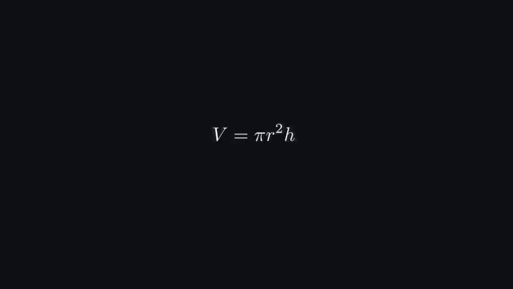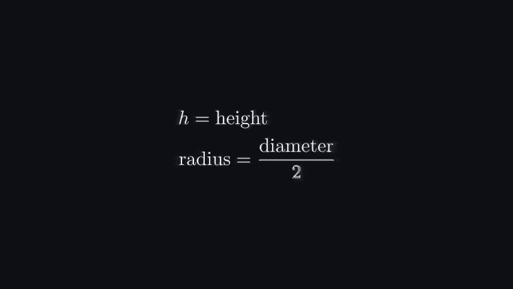V equals pi r squared h, where r equals radius and h equals height. Radius equals diameter over 2.